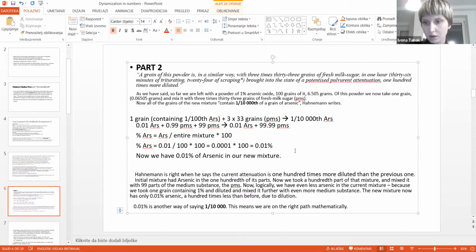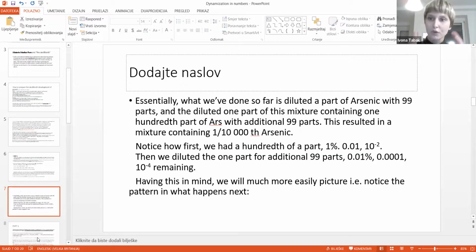I hope they are. I will repeat this. It's quite repetitive, and I will repeat it in many different ways. So I think by the time we're done, you will get a very clear picture of what happens ratio-wise, mathematically, and all of that.